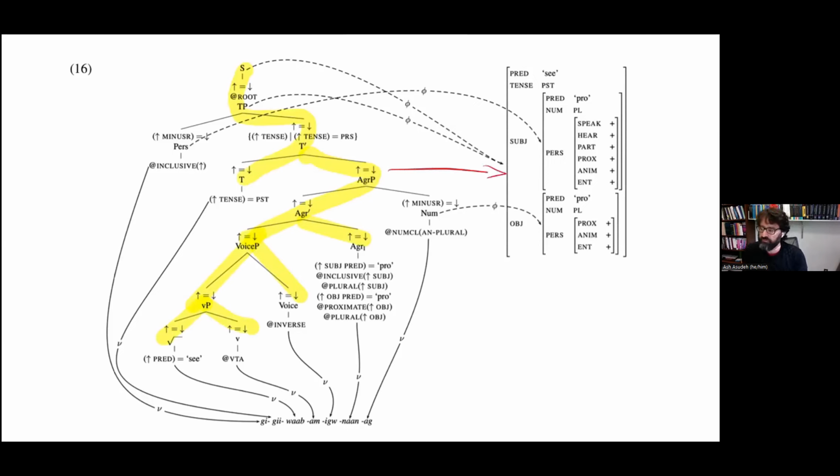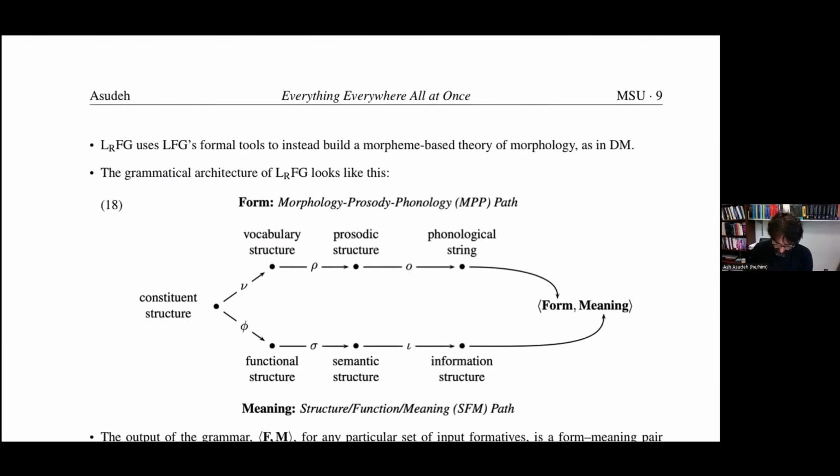So all of these many C structure nodes are mapping to the same F structure. In other words, the phi mapping from constituent structure to functional structure has always been a many-to-one mapping.